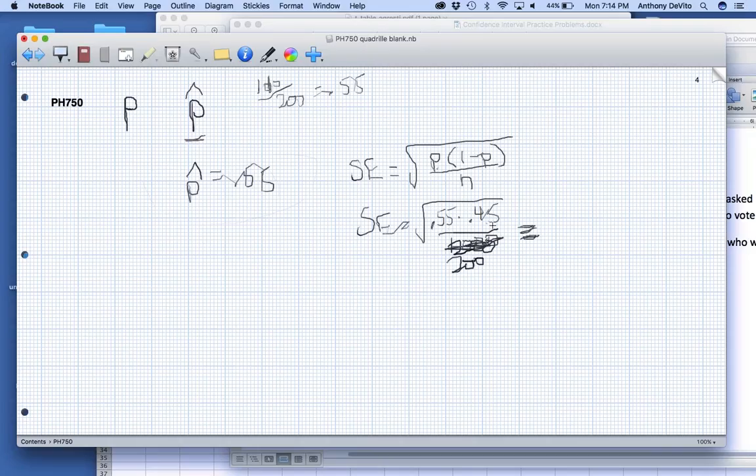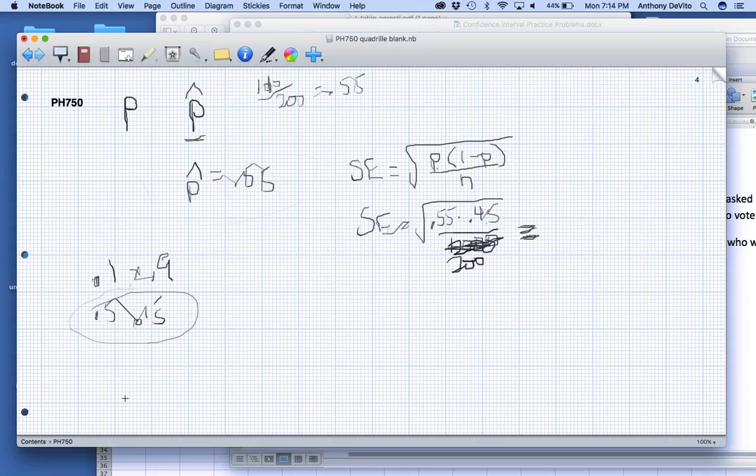So 0.55 times 0.45. Well, let me ask you this. Let's say that P-cap had been 0.1. What would we have on the top of this square root? We'd have 0.1 times 0.9. Now, how does that compare to 0.5 times 0.5? Which one gives us a bigger product?